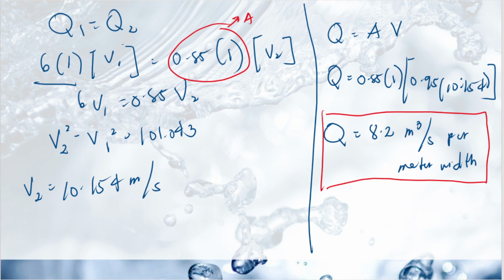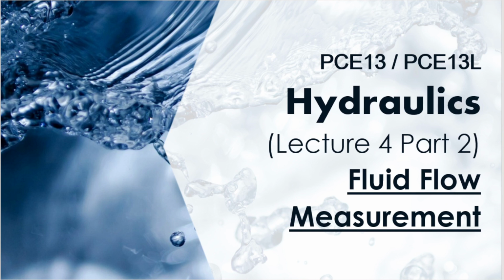That's it for part 2 of our discussion on fluid flow measurements. We still have part 3 regarding open channels, on weirs and unsteady flow. That's it for our discussion for today.